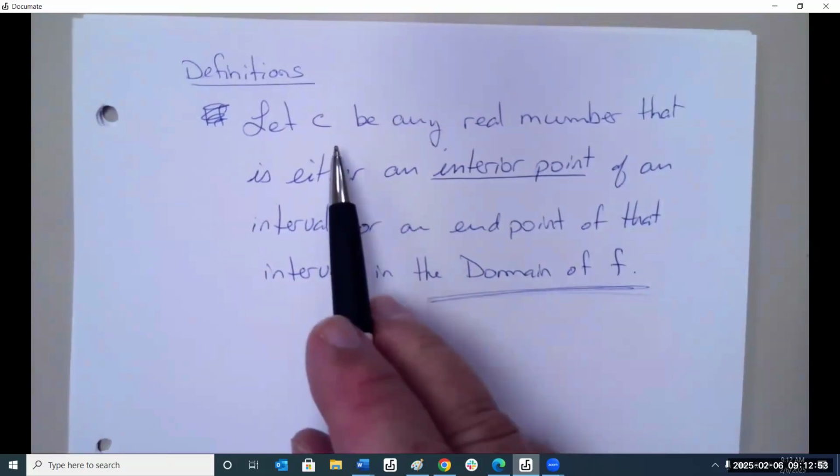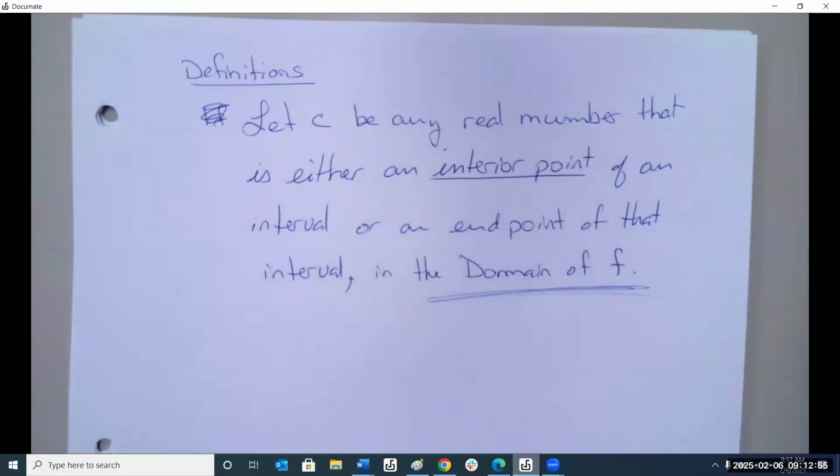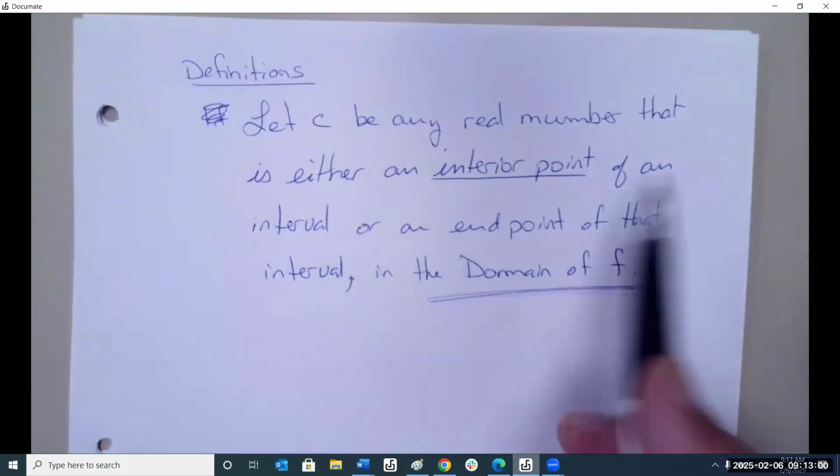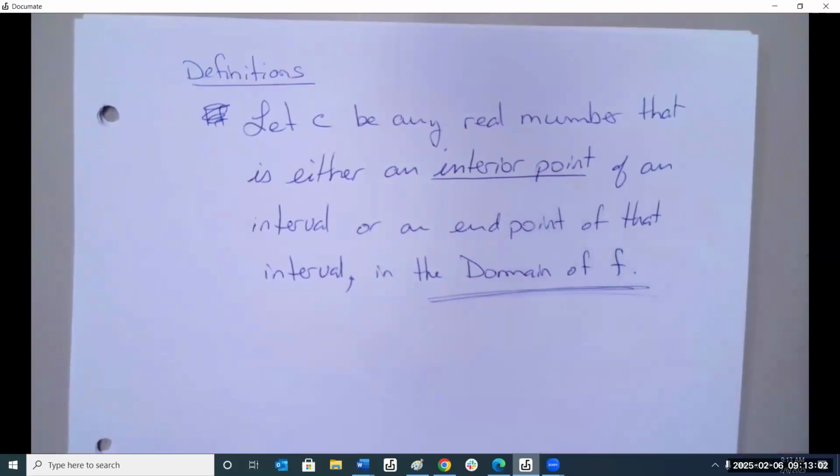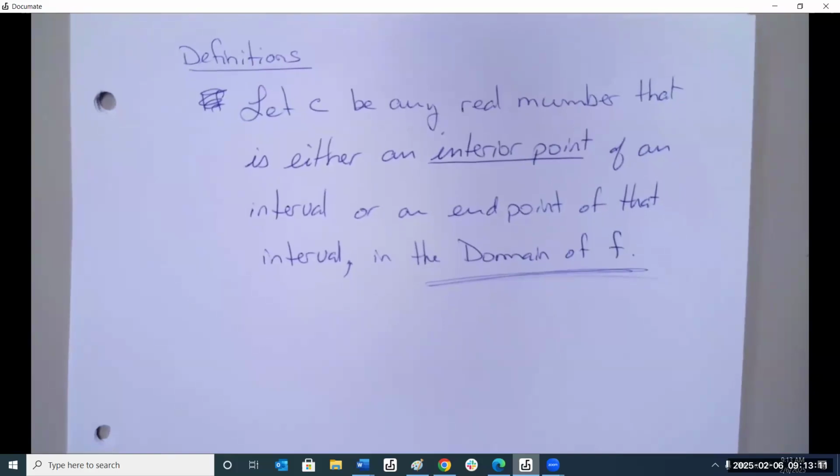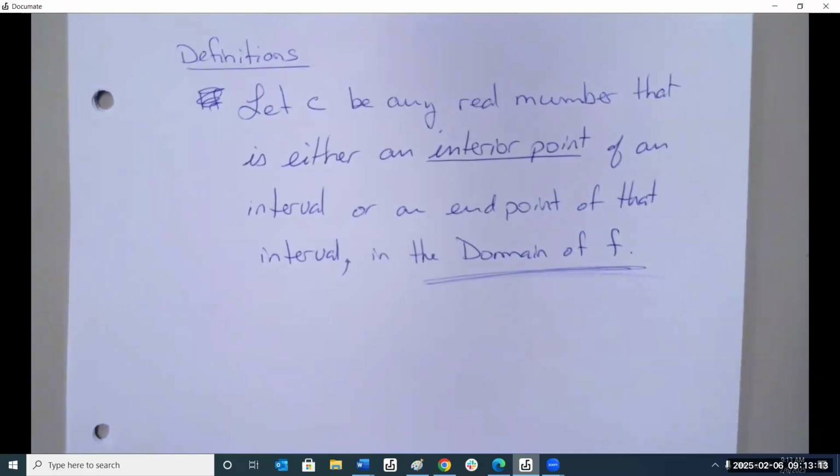So let's see. C can be any point inside the interval. It can be an interior point, or it could be one of the endpoints. That's what we've talked about so far. But it has to be defined on the domain of that function. Everybody got that?